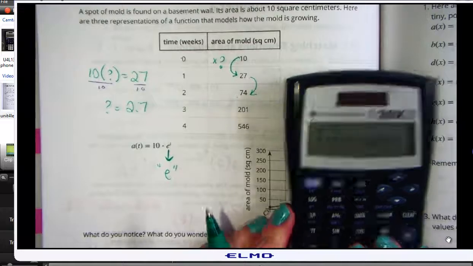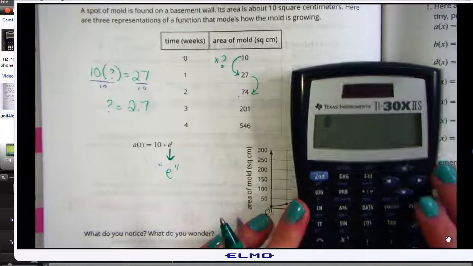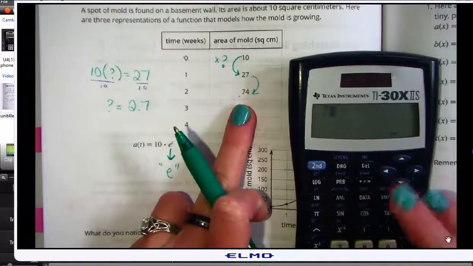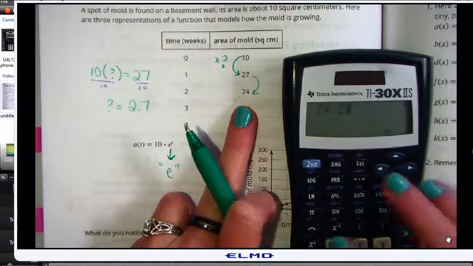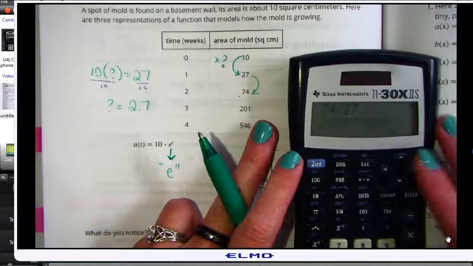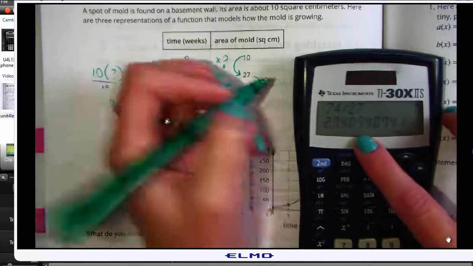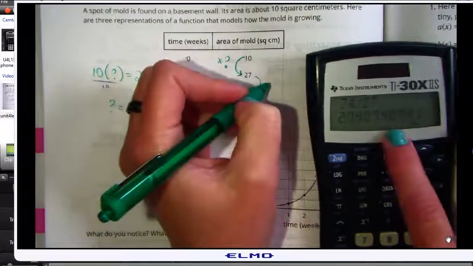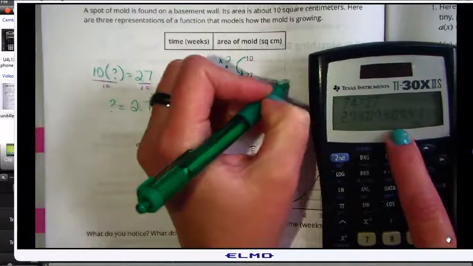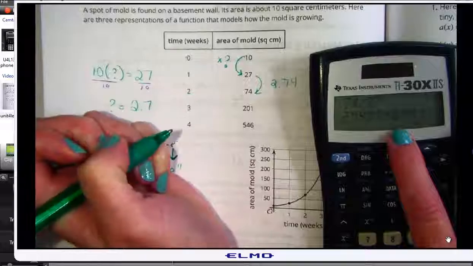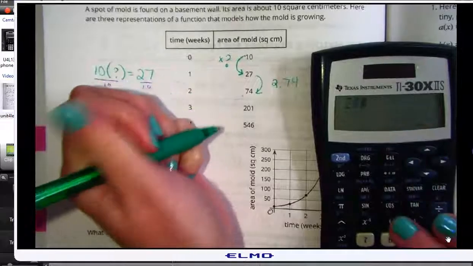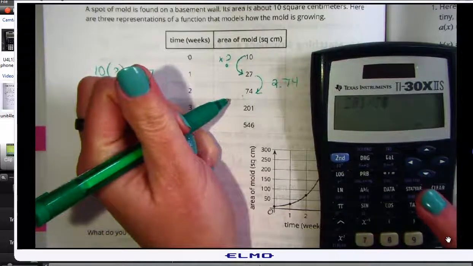So I'm going to use my calculator for this. What is 74 divided by 27? And I find that multiplier is a little more specific, a little more decimals going on here, 2.74.